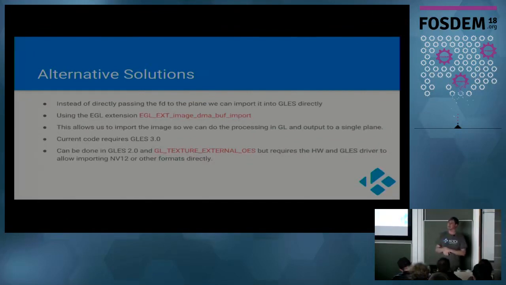It involves writing another renderer or another code path, but it's not such a bad thing. A lot of the code can be reused, but it's not ideal. We have to work with what we get.